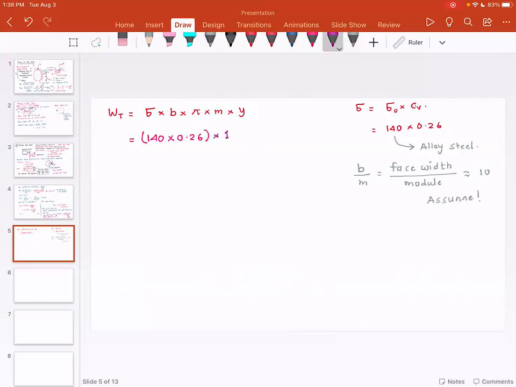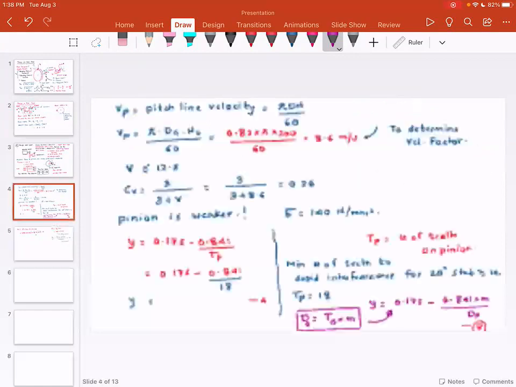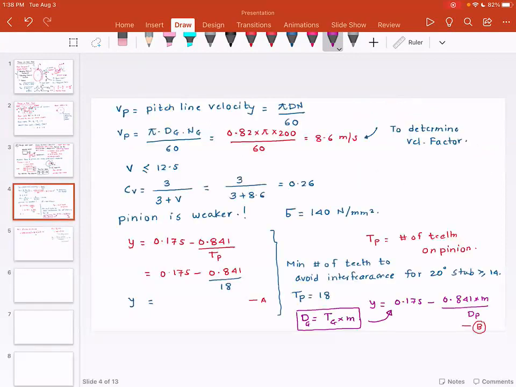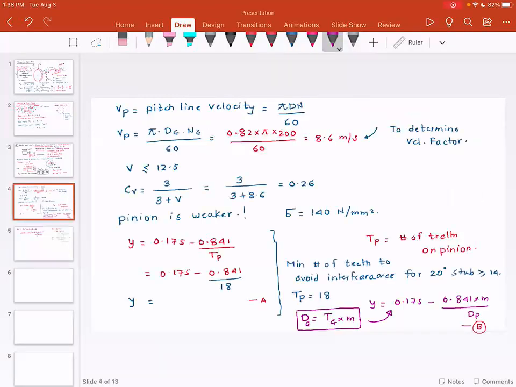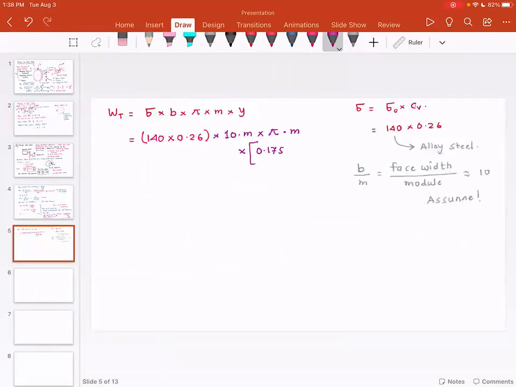So this is 10 times m multiplied by pi multiplied by m multiplied by y. I'm using equation B, but you can use equation A. They might give you slightly different answers, but that's okay.